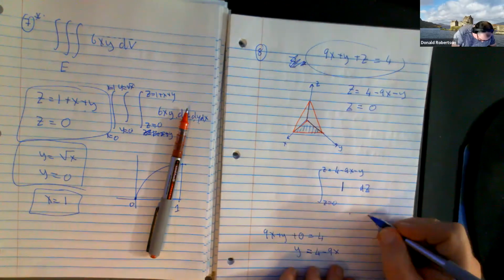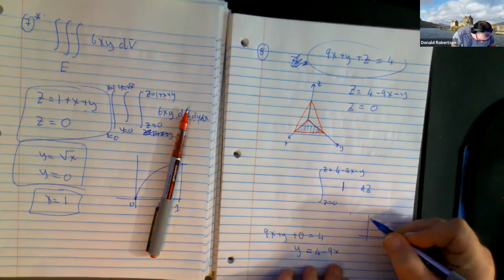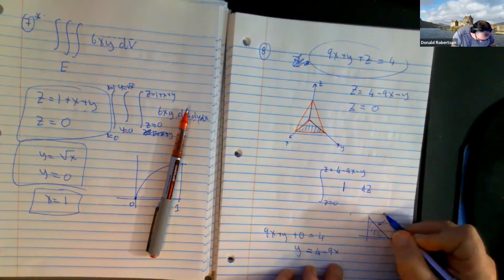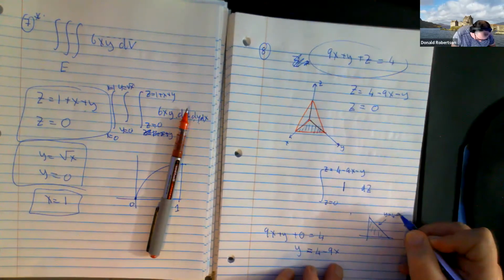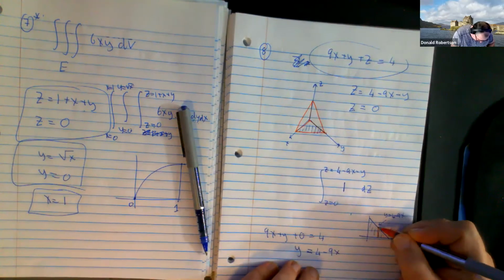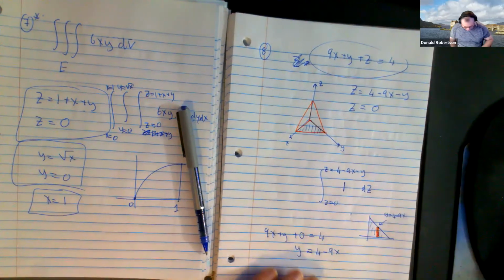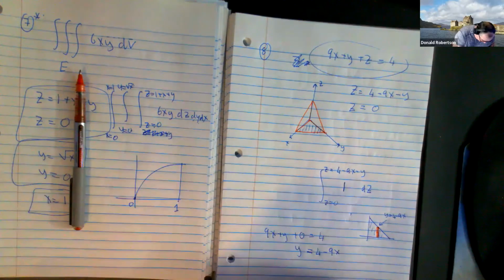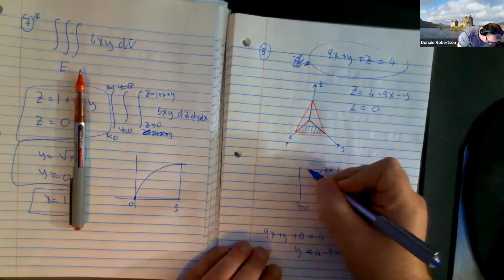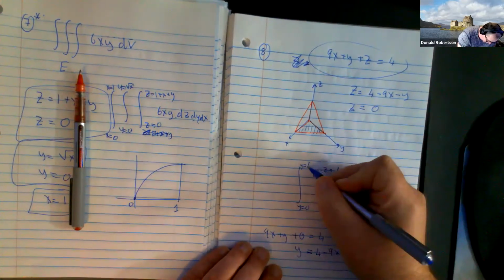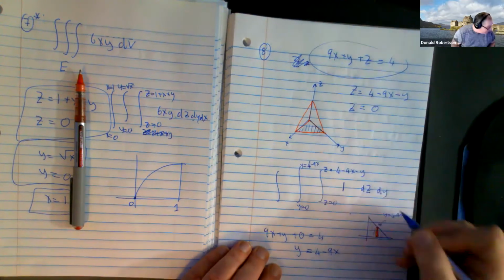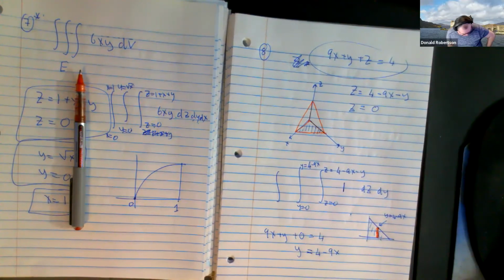Now, if I draw it sideways, it looks something like this. And I'm going to create this triangular region by doing those. So that tells me that y is going to go from 0 to the top, which is y equals 4 take away 9x.